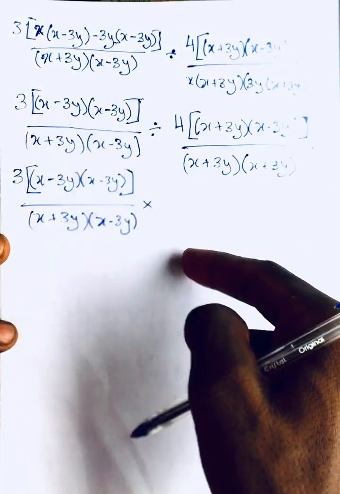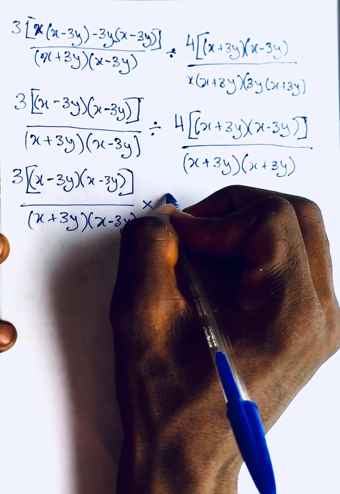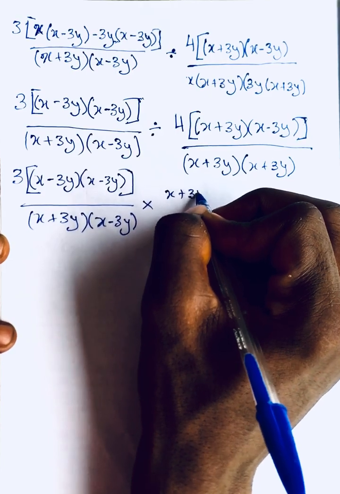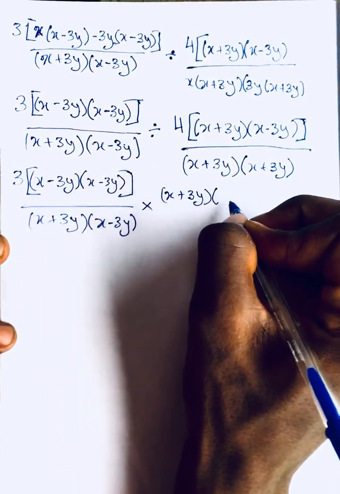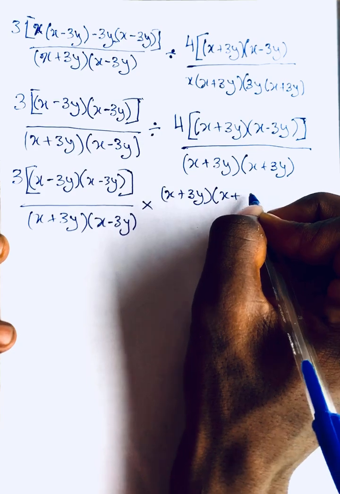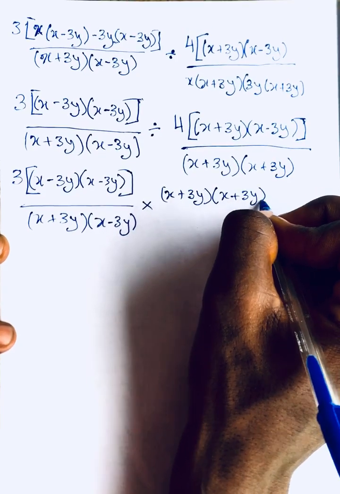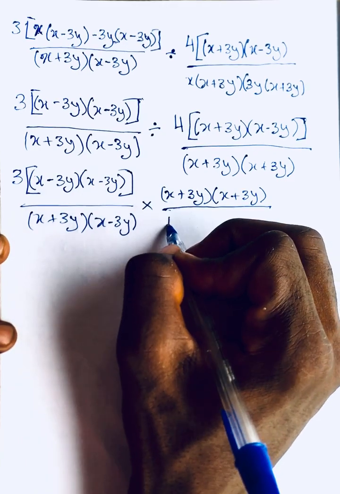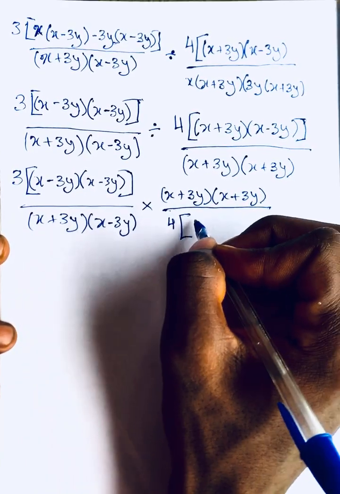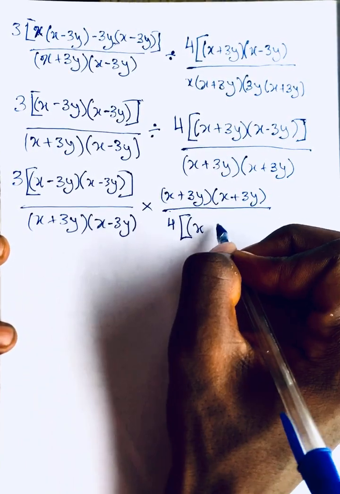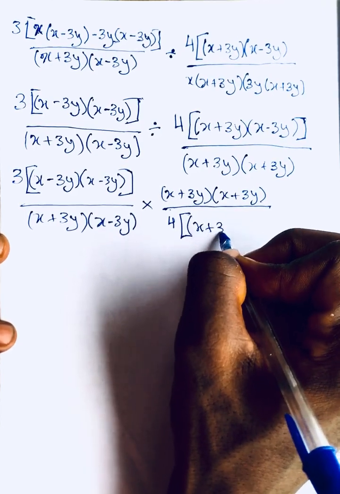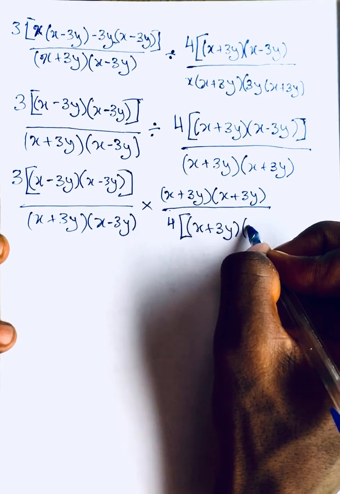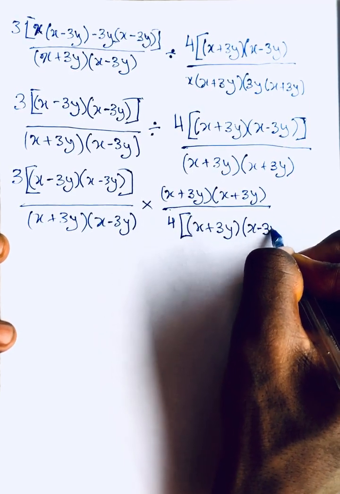This one will go up, this one will go down. So we have to be x plus 3y, x plus 3y all over 4 bracket x plus 3y, then we have x minus 3y.